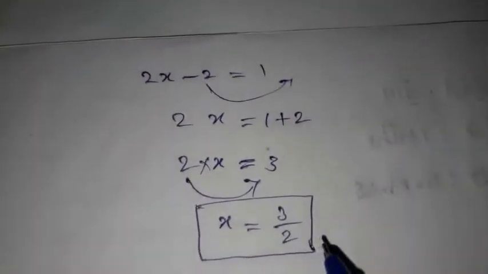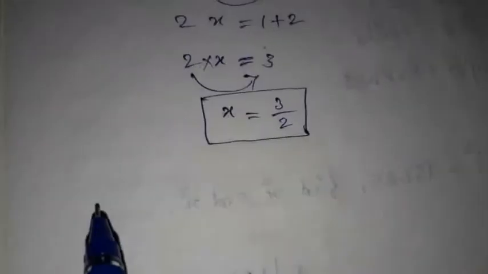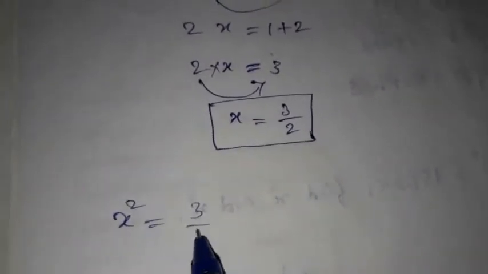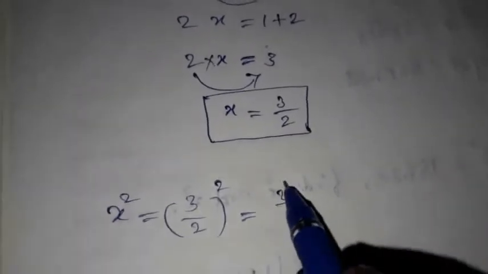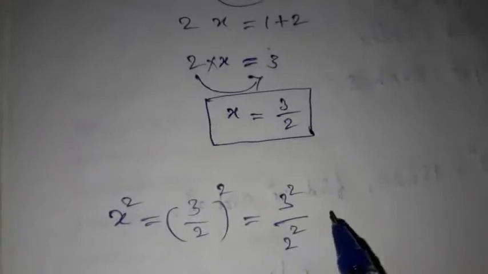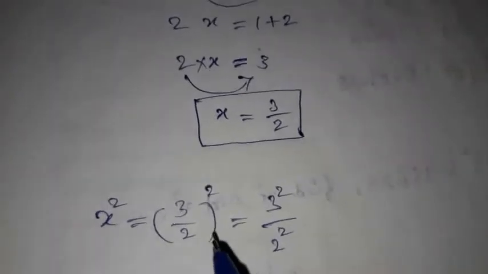We have to find x square and x cube. Okay, let us find x square. X square equal to 3 by 2 the whole square. It can be written as 3 square by 2 square. Even in this place we are using a law.